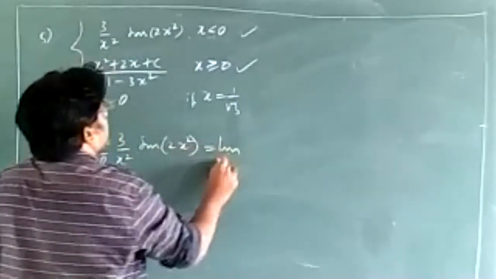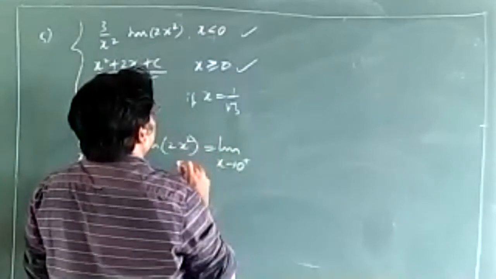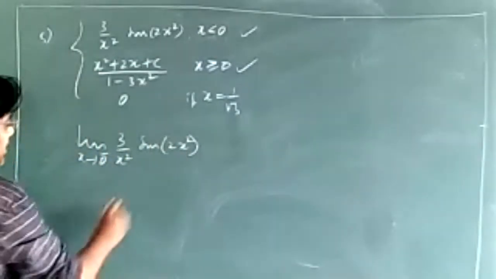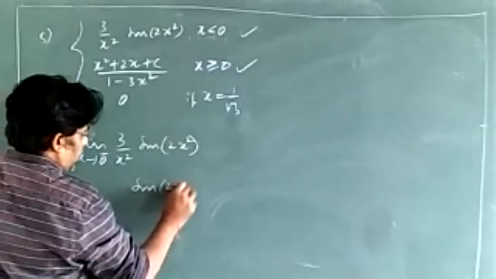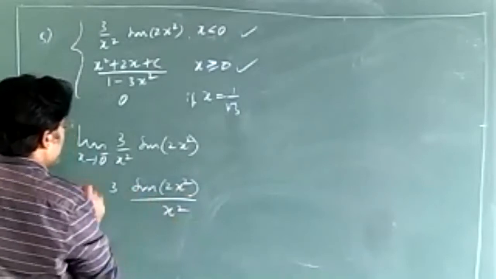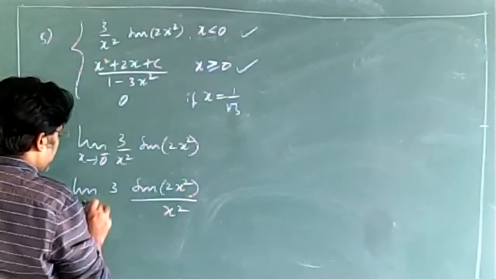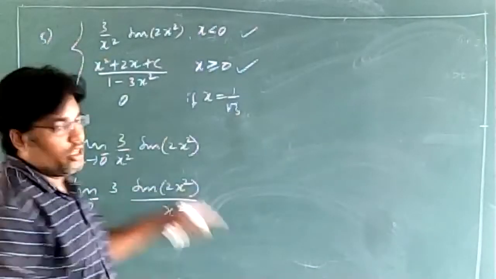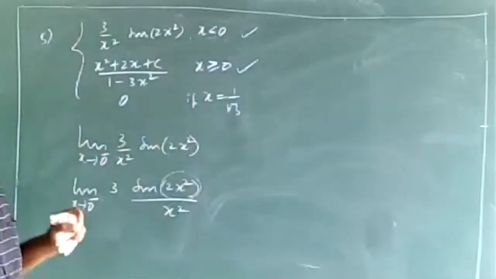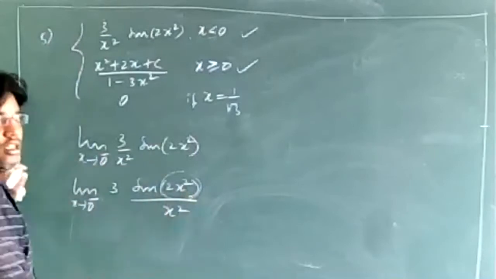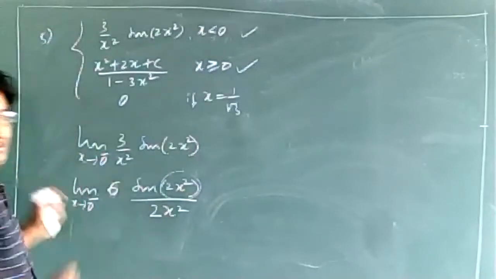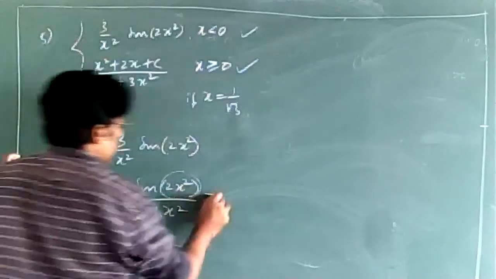Sin 2 into x square, I'm going to write this x square here, then 3 here, limit x tends to 0 minus. Now, if you think of sin theta by theta, what is theta here? 2x square, the denominator x square is there, therefore you multiply and divide by 2, it becomes 6. So the left hand limit becomes 6.